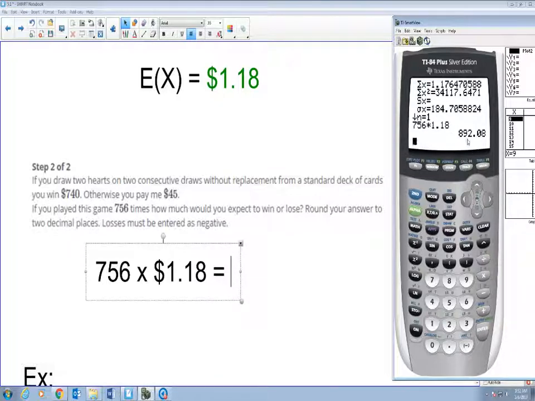Alright, so I expect to win $892.08. Round to 2 decimal places. 892.08.